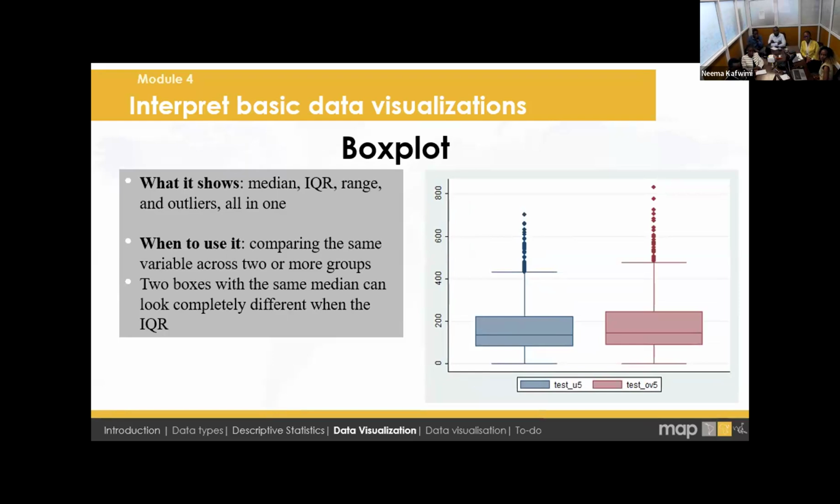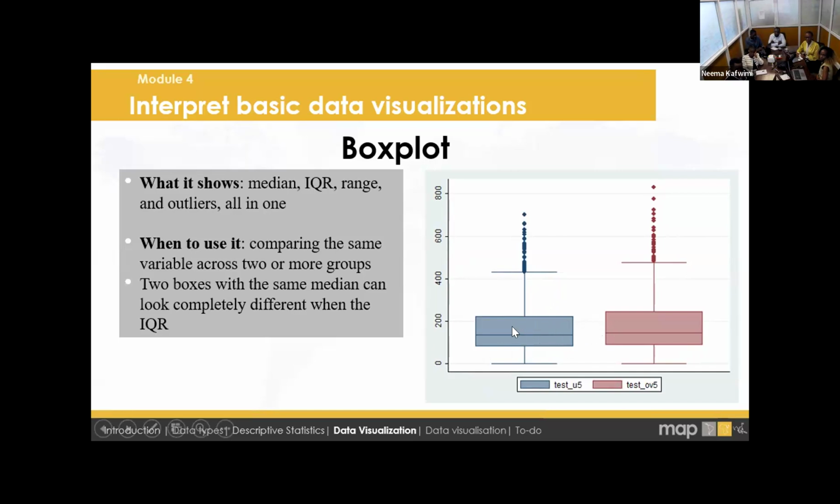The other tool is the box plot, and it's a very good tool to identify if you have any outliers, to see the median, and to see the range of your data. It tells you a lot, and the fact that you can compare between different categories is also a cherry on top. You use it to compare the same variable across two or more groups. For example, in our context, we have the test under 5 and test over 5. The line here is the median.